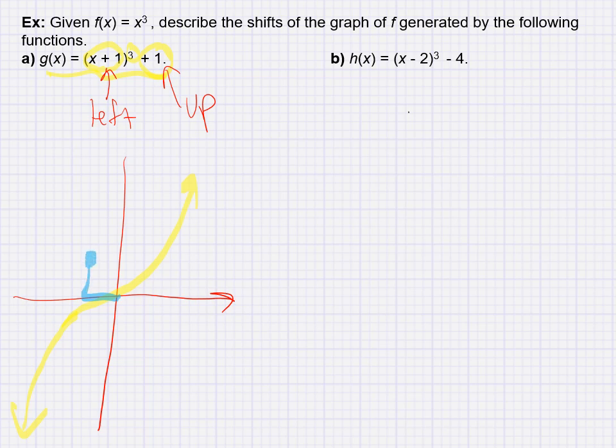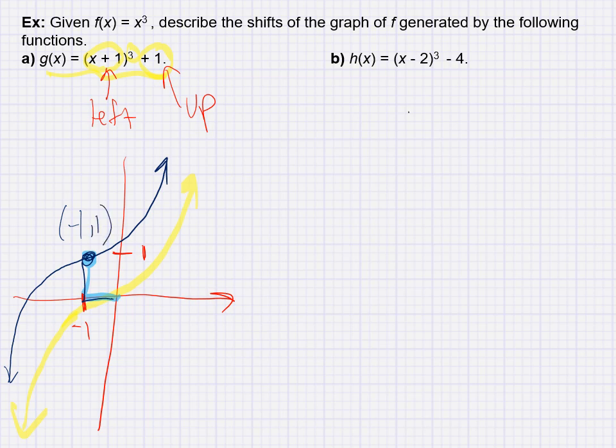So now I'm going to be there. And so I'll be here at -1 and +1, and then I'll have my S-curve drawn off of that new point there. So that would be the center of my S-curve, moved to the left 1 and up 1, putting me at this point, -1, 1.